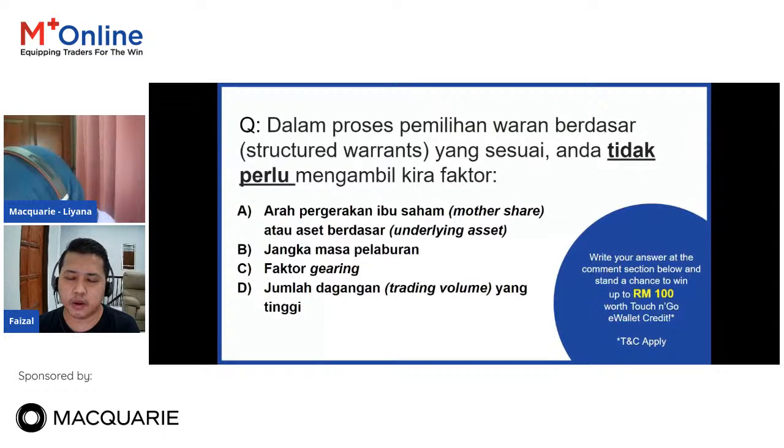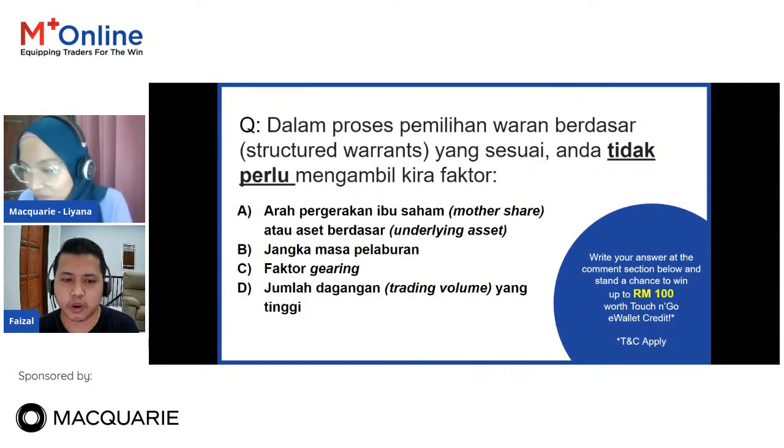Dalam beberapa proses pemilihan structured warrant, apakah faktor yang tidak perlu diambil kira? Okay, so ada 4 jawapan di sini. Arah pergerakan mother share ataupun underlying asset, jangka masa pelaburan, faktor gearing dan jumlah dagangan yang tinggi.